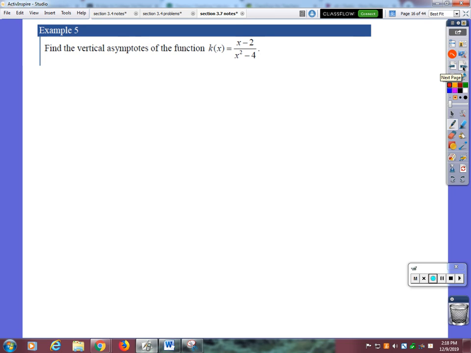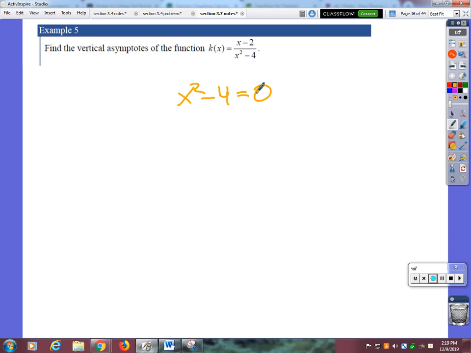Let's try another one. So we're just practicing our different ways of... you guys are going to love this one a lot. Same thing: vertical asymptotes occur where the denominator is equal to 0. So I'm going to set this equal to 0. Something funky is about to happen.